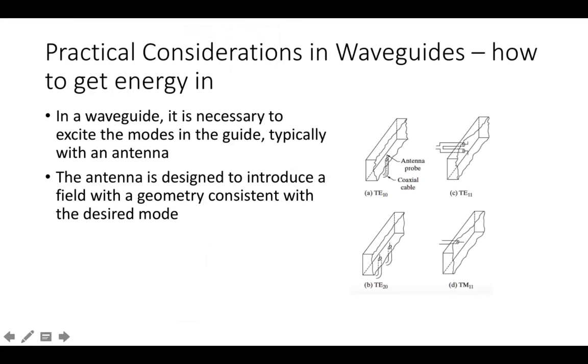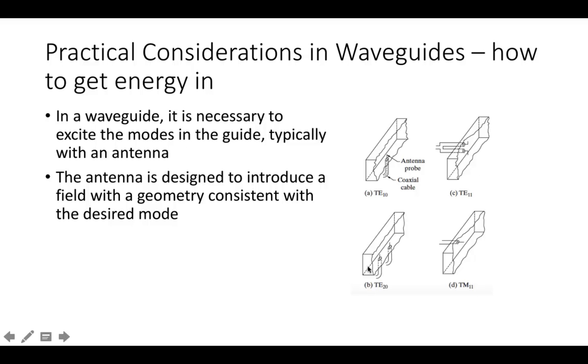All right, so in practical considerations of waveguides, the first thing to think about is how we get the energy in. This is an example. Right here, this is what we just looked at, where in this case you would have the TE10 mode, a single half sinusoid for intensity, where the peak occurs right here in the middle where the antenna probe is placed.